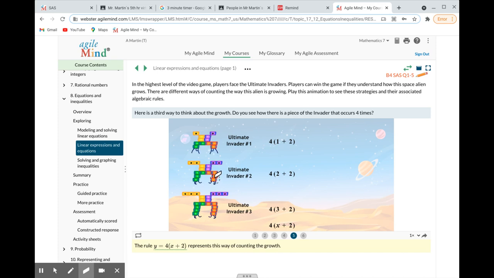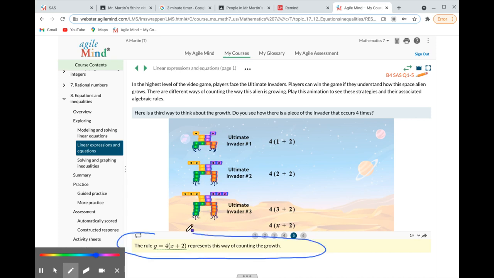Same way with the legs, we had the legs was 2 plus 2. And then on invader 3, we had 3 eyes plus 2 and 3 squares for leg length plus 2, right? So what's our rule going to be, Brooklyn? Y equals 4 times what? Times x plus 2. Perfect. So that is our rule. Y equals 4 times x plus 2.